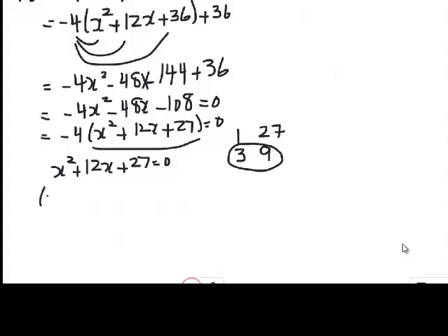So I get x plus 3 times x plus 9 is equal to 0. It gives me two solutions. Either x plus 3 is 0, so x is negative 3, or x plus 9 is 0, so x is equal to negative 9.